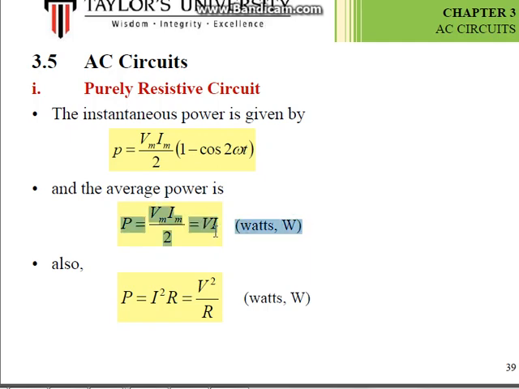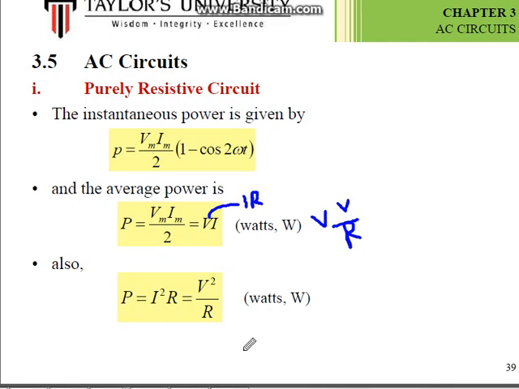But we do know that V is actually equal to IR, so if you replace V with IR, you will have I times IR, and that's where it gives you I squared R. Similarly, if you go by VI over here, and you know that I is actually V over R based on your Ohm's law, with I represented as V over R, this will be V squared over R.